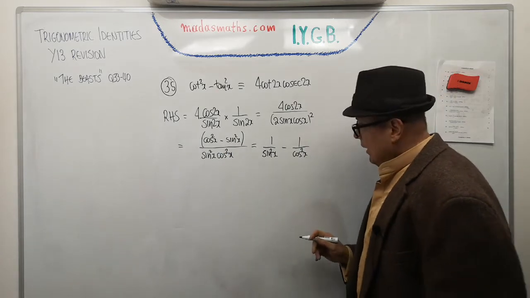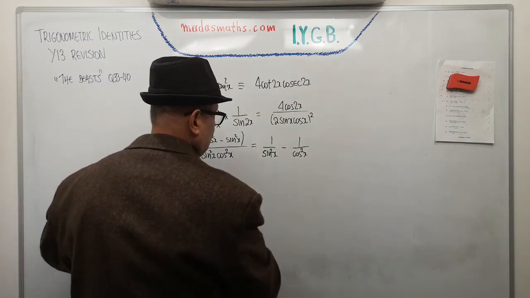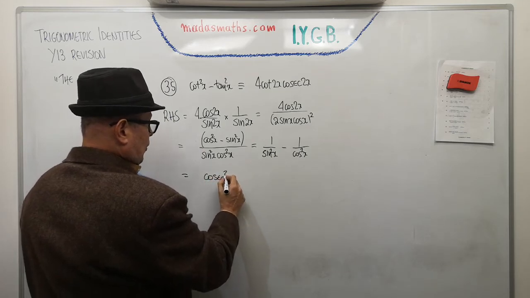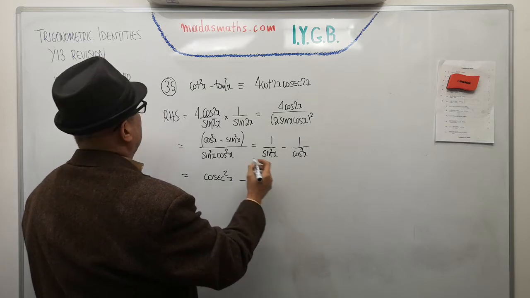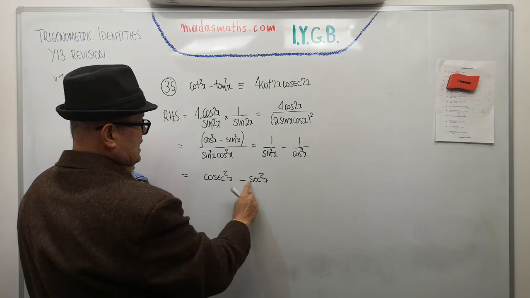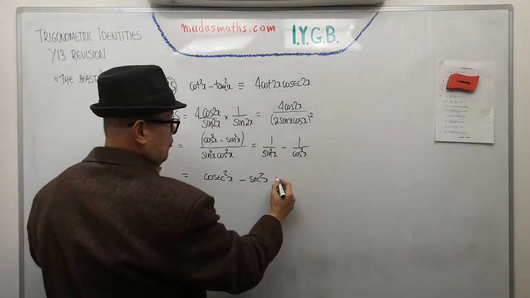What happens next? These particular expressions, we know them with different names, of course. Okay, this is the cosec squared of x minus the sec squared of x. This is not what it should look like, but we know how to change cosecs to cots and secs into tans, squareds, of course.